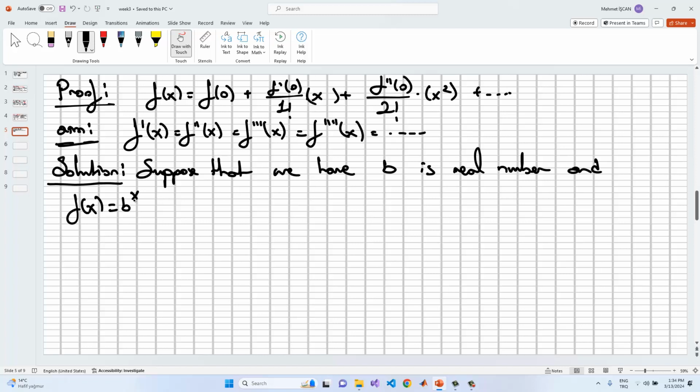At each time we just use the x as a variable, but in this case we take the x in the exponent part. Just remember that if we have, for example, the cube root of x, we have 3 roots, right? Or 5 roots for the fifth root. But in this case, the variable is in the exponent.